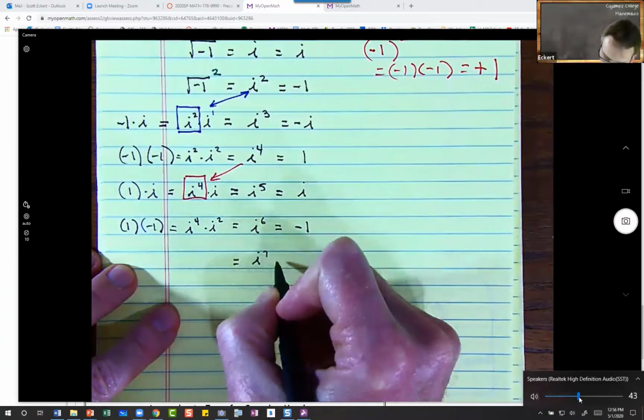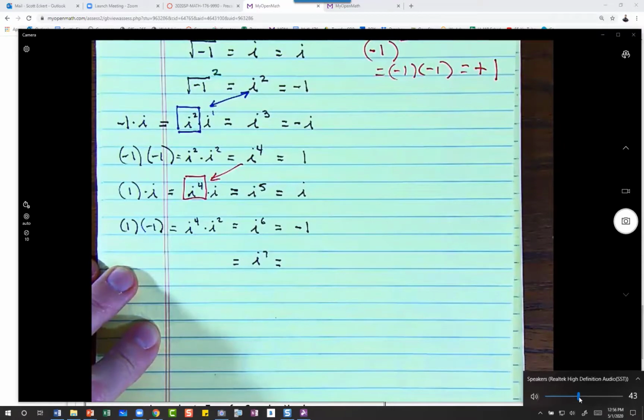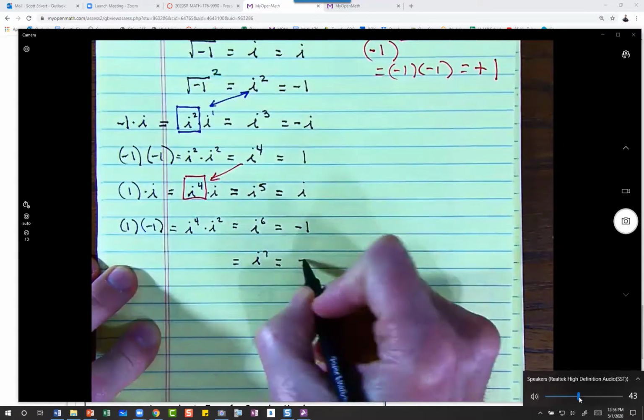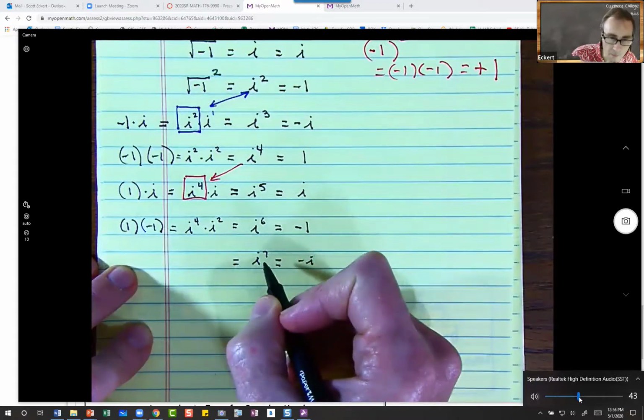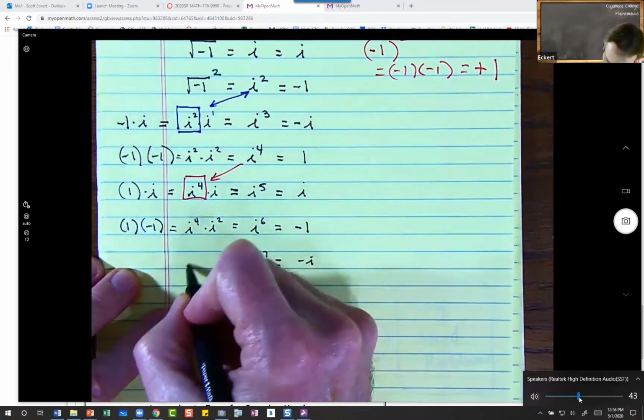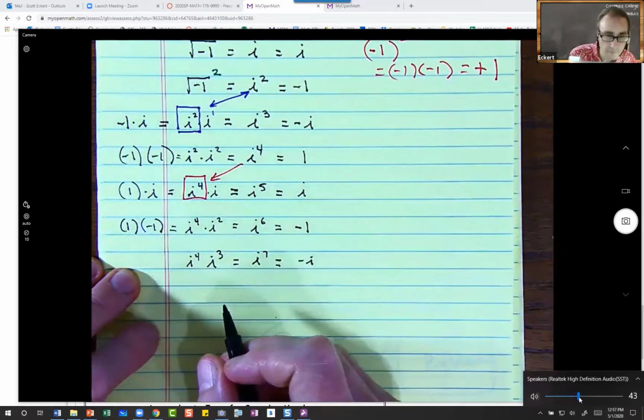i to the 7th power. Now let's see. Can somebody guess the answer without doing the algebra? -i. Very good. It is -i. Because i to the 7th power is like i to the 4th power times i cubed.